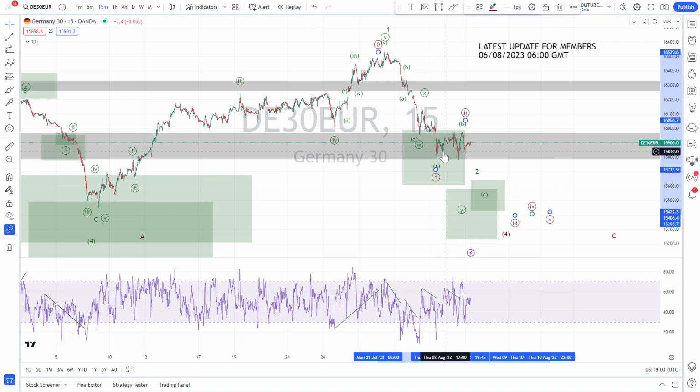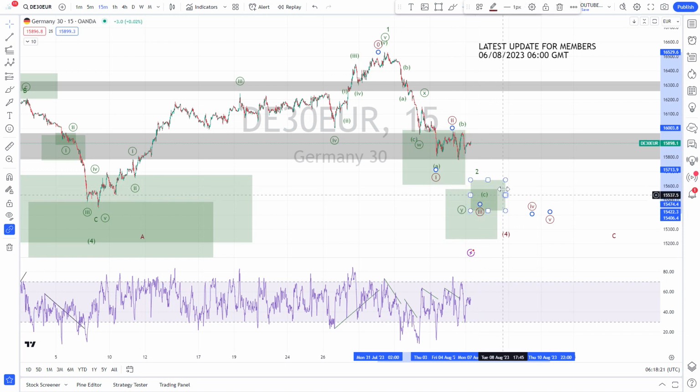And now we are doing something corrective, like our wave 2 is in here, and we will see more downside as a wave 3.